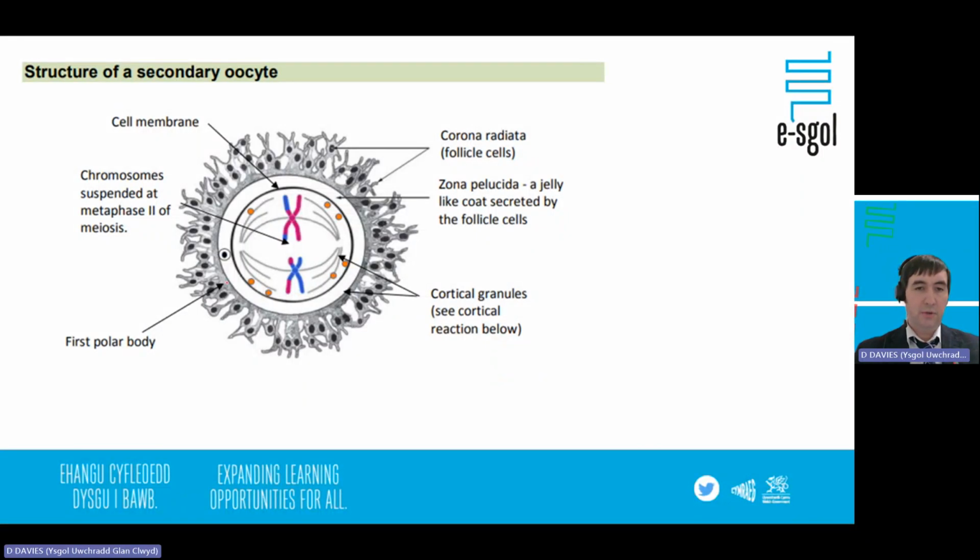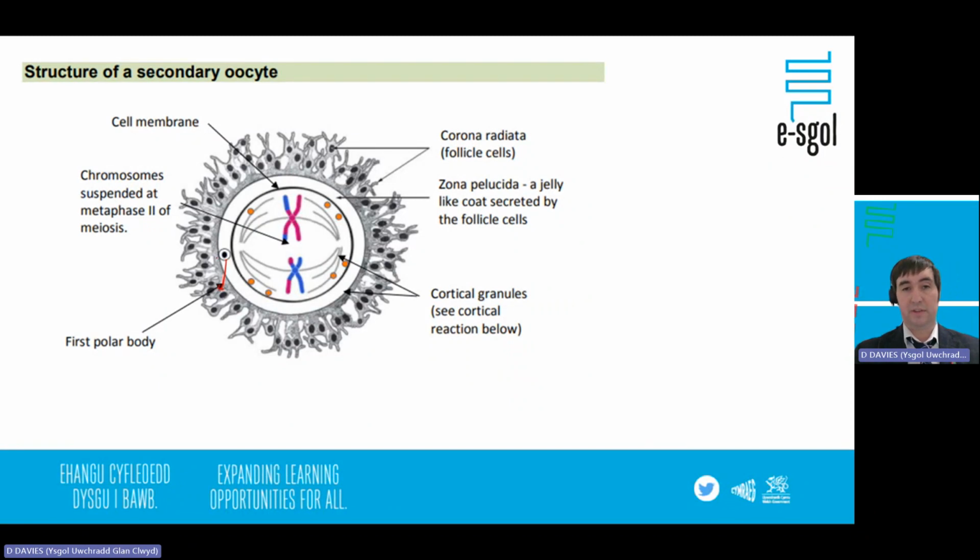You can see that arrow's in the wrong place, so this is the first polar body. I've talked about meiosis occurring, and then there's the follicle, the oocyte, and the polar body that breaks down.